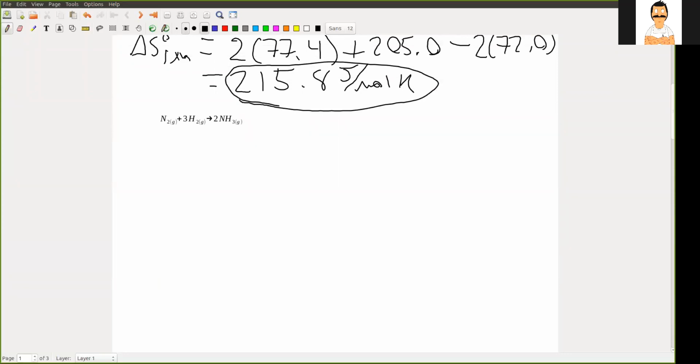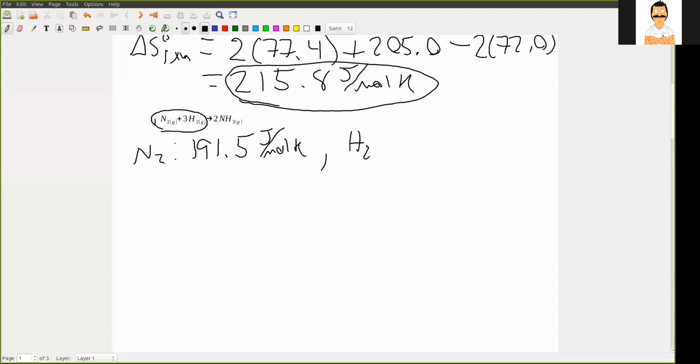So we're going from 4 moles of gas, 1 plus the 3 of hydrogen, to 2 moles of gas. So you can expect that the entropy is going to decrease just from that. Let's validate that. So we have N2. It's going to have an entropy, again taken from the appendix in the back of the book, of 191.5 joules per mole Kelvin.